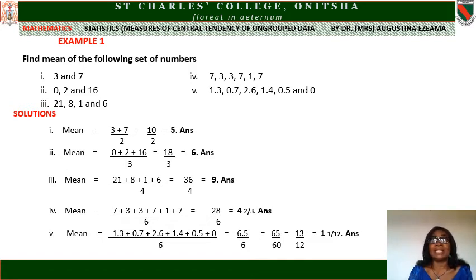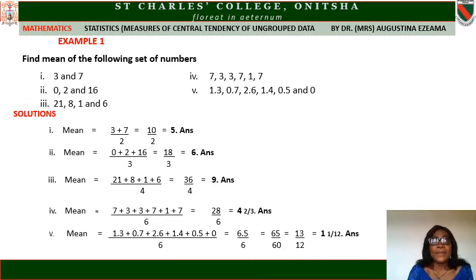And that 5 is our mean, which is the answer. Number 2, you sum up the numerator: 0 plus 2 plus 16 all over 3 is equal to 18 over 3. When you divide 18 by 3, you get 6, which is the answer.